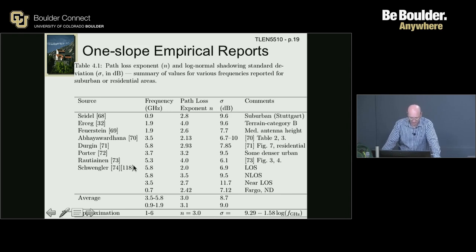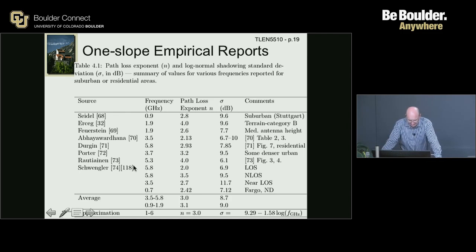These days it's still low, but from less than a gigahertz to 6 gigahertz almost. For each one, I looked at the path loss exponent that they reported, as well as sigma, the standard deviation in dB of the log normal shadowing, which we'll talk about later.